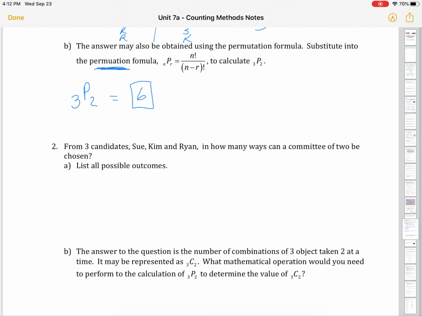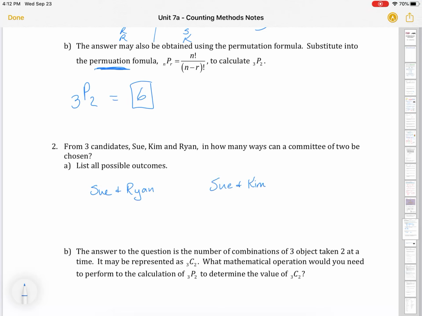Now, what if, however, it didn't matter what their position was? There wasn't president and treasurer, but we have our 3 candidates, Sue, Kim, and Ryan, and we want to make an executive committee of 2 people. So looking at that, it doesn't matter if they're president or treasurer, they're just members of an executive committee.